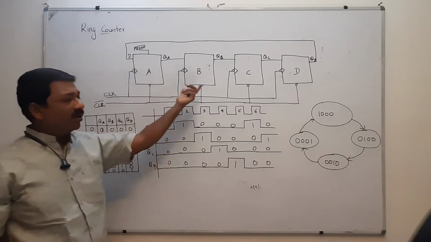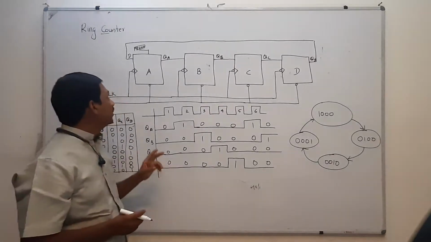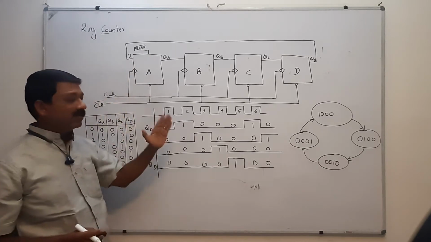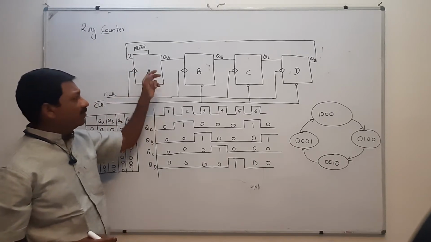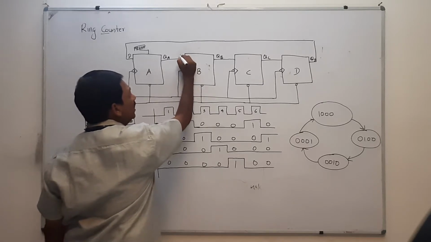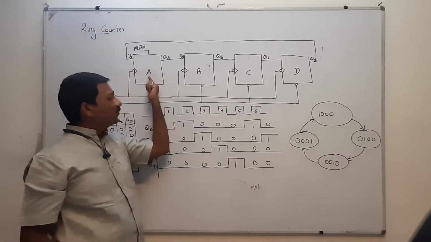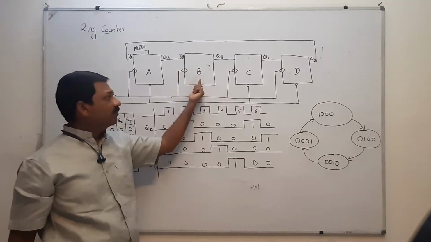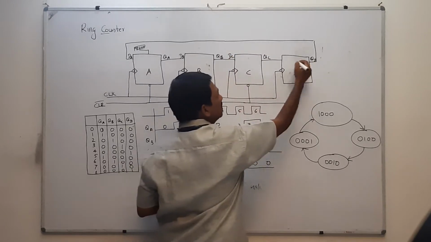These are all negative edge triggered D flip-flops, and as you know, after the clock is applied, the D input becomes the content of A. That means the output QA is connected as the D input of the next flip-flop. This is DA, this is DB, this is DC, and this is DD.